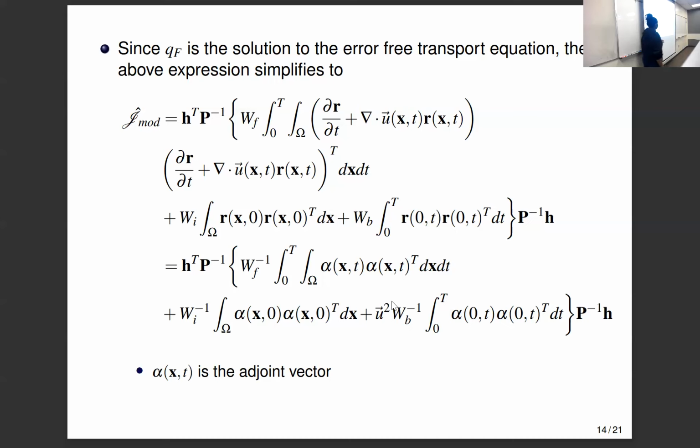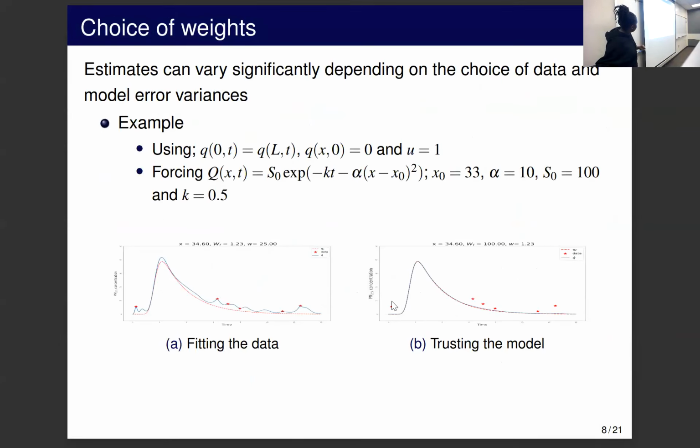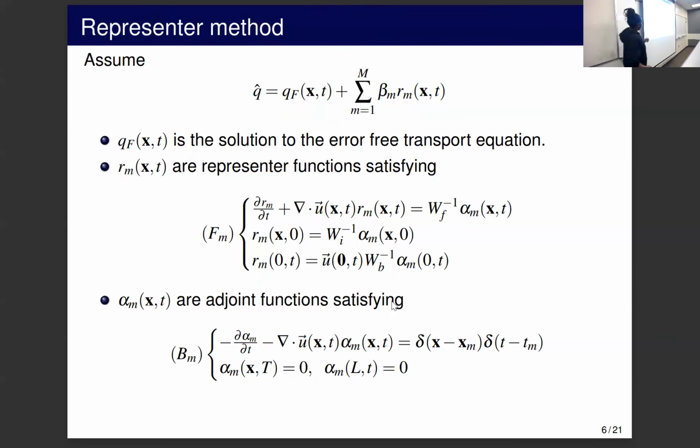Also from above, these equations were written in terms of the representers, and from this we see that we can write this in terms of the adjoint.